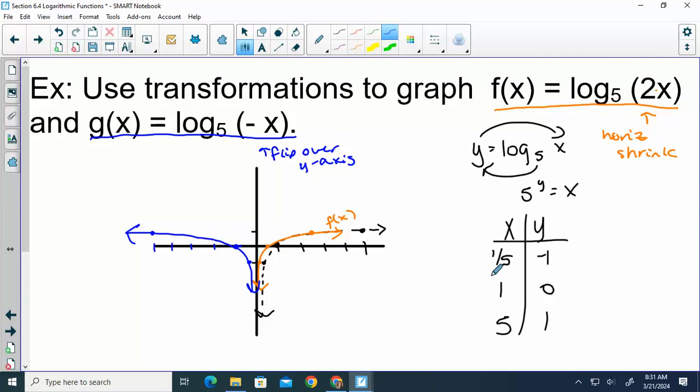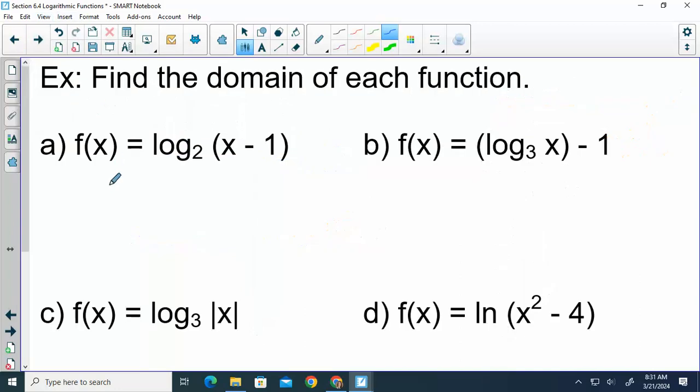We've been finding domains by looking at the graphs, which is fine, but it's helpful to be able to find the domain without graphing the log first. So let's say I give you this one. If I wanted to find the domain and I don't want to take the time to draw the graph, how can I get there?